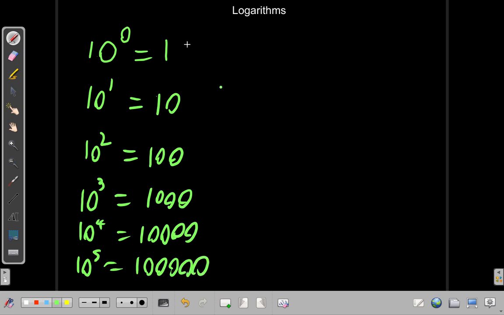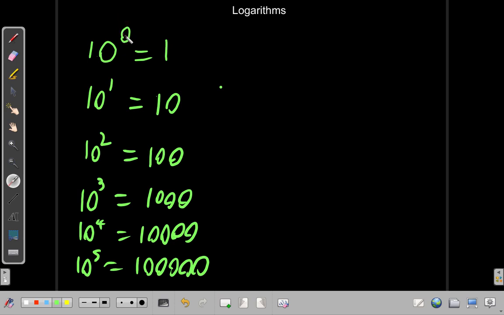All right. And it seems as if you have a shortcut way of getting what 10 raised to the power of is equal to when the index or the power is a whole number.